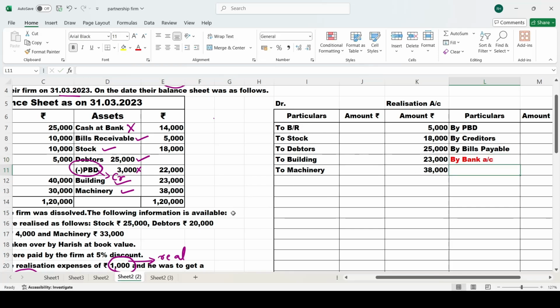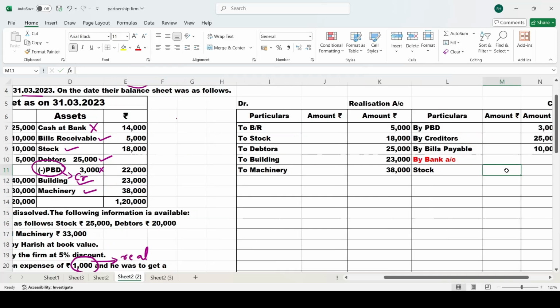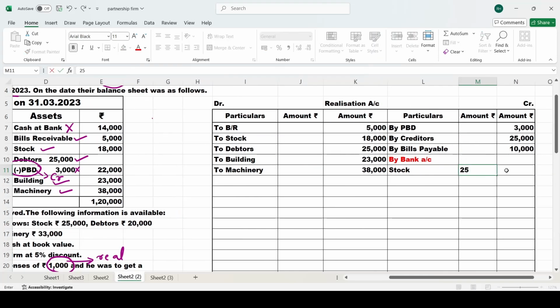We'll go one by one. First one, stock. You can see it over here. Stock, we have sold it for 25,000. Take it to the inner column. Next we have debtors. You can see with the adjustments here.